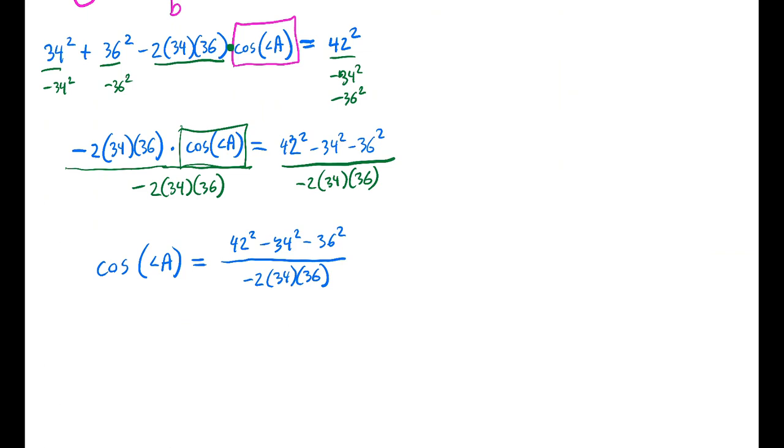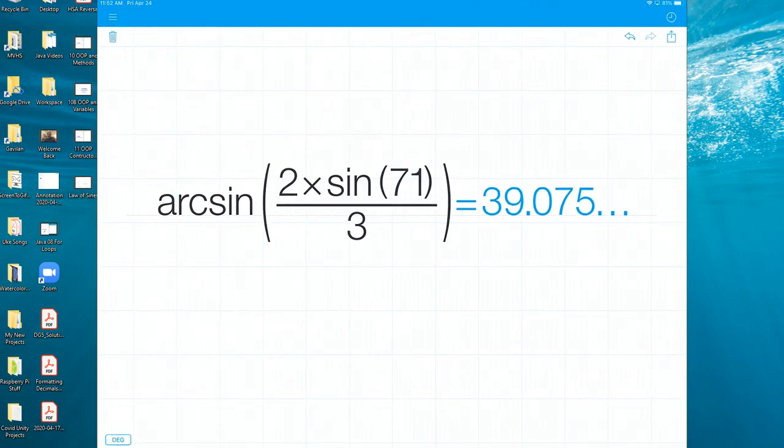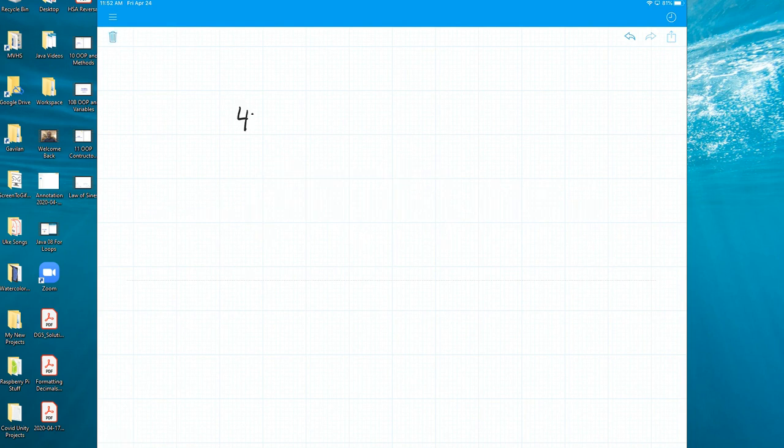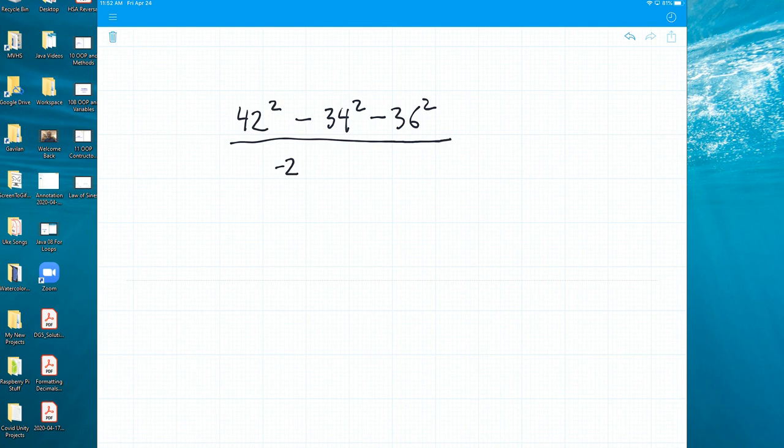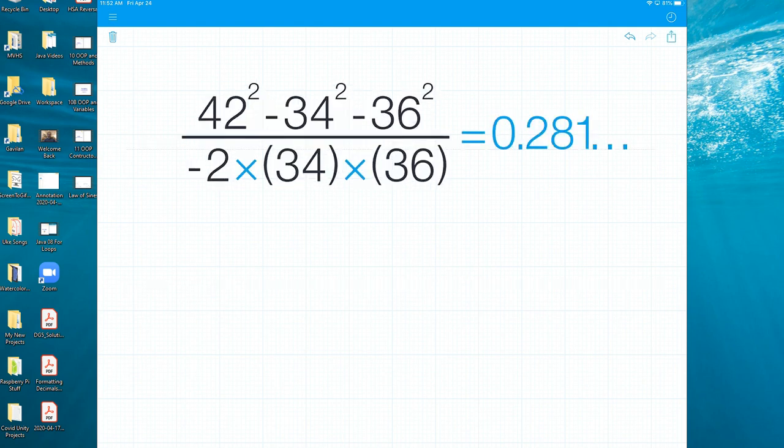Okay, so anytime we've got that, let's just go ahead and solve for this really quick, okay? So we've got 42 squared minus 34 squared minus 36 squared all over minus 2 times 34 times 36. Fingers crossed.